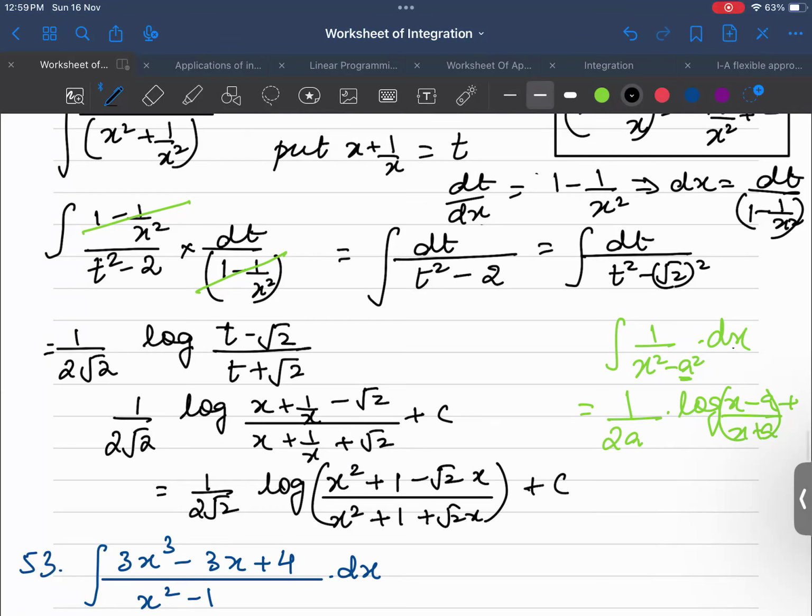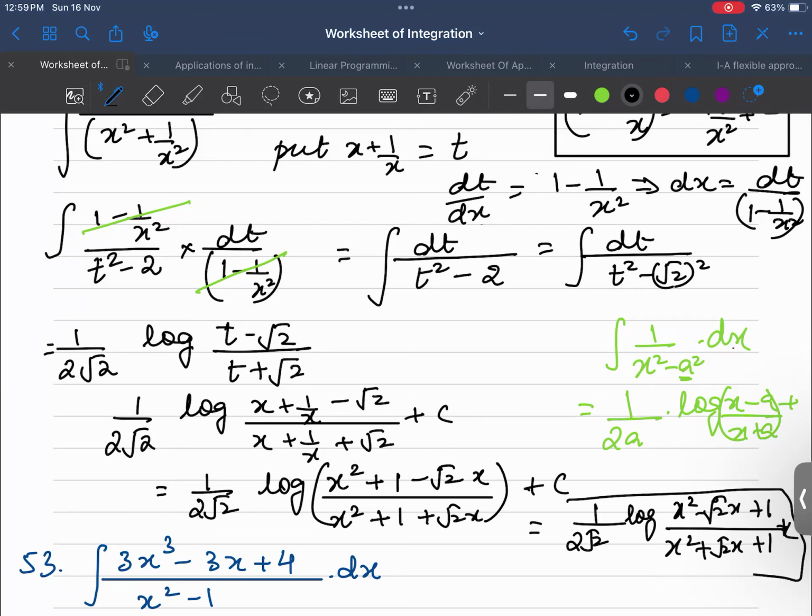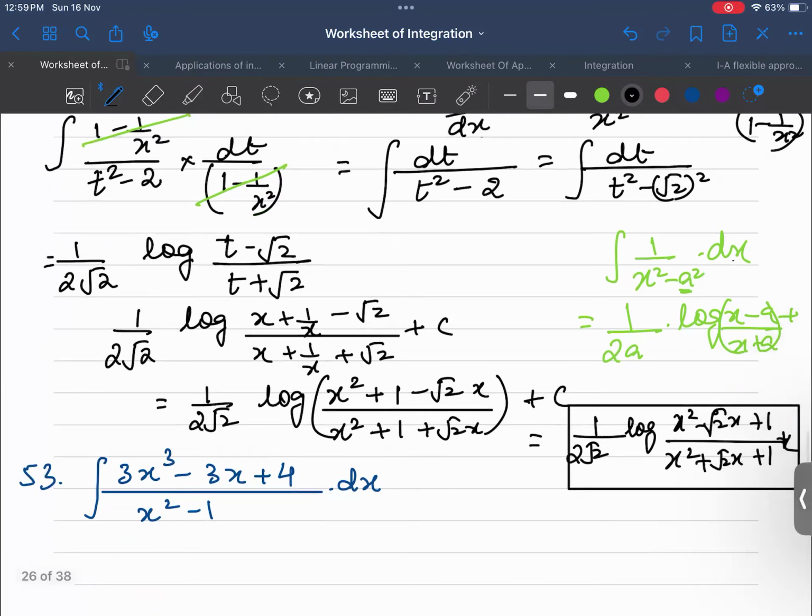In the quadratic equation form, I can write 1 upon 2 root 2 log x square minus root 2x plus 1 upon x square plus root 2x plus 1 plus c. This is your answer. I think it's clear and easy.